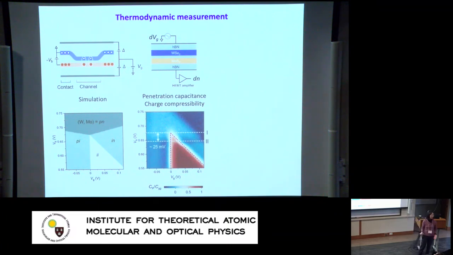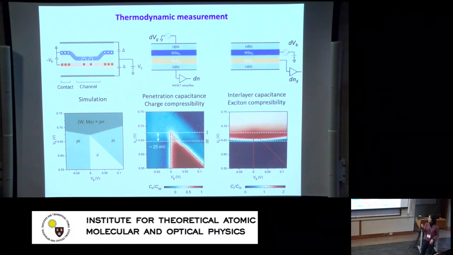That's pretty much what we did in the electrostatic simulation. But now what's surprising is that when we measured the exciton compressibility, and again, for large bias, we expect electron hole pairs to come. So that's the red area. And for small bias, they cannot inject.